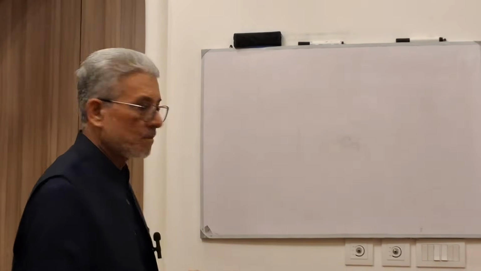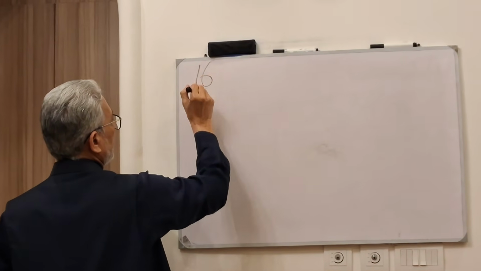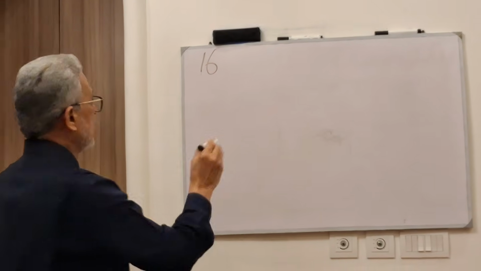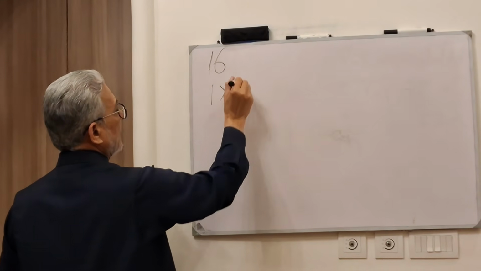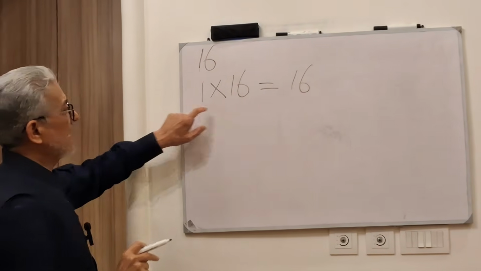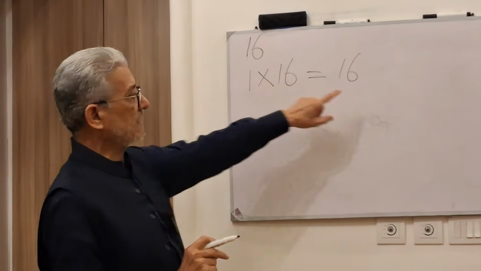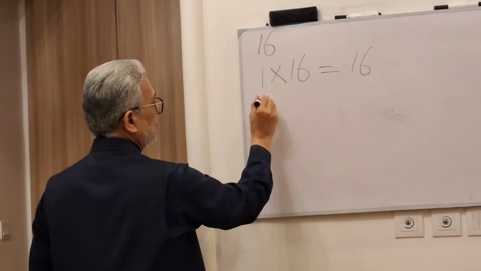For example, you want to make the factors of 16. Okay? Now, what is the first number? 1. Multiply it with 16, you get 16. So 1 and 16 both are factors of 16. Then, what is the next number? 2.